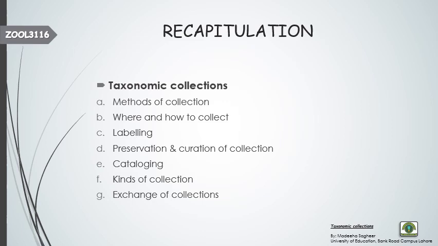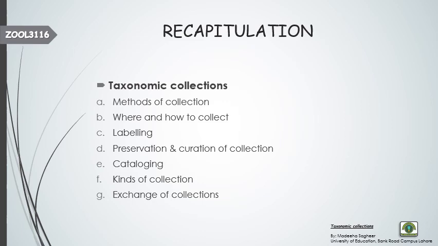Next, we go to the preservation and curation of the collection. After being labeled, the collections or specimens should be preserved with high care and should be looked after. Then in museums and repositories where a large number of specimens are there, we go for cataloging the specimens, basically on a geographical basis.